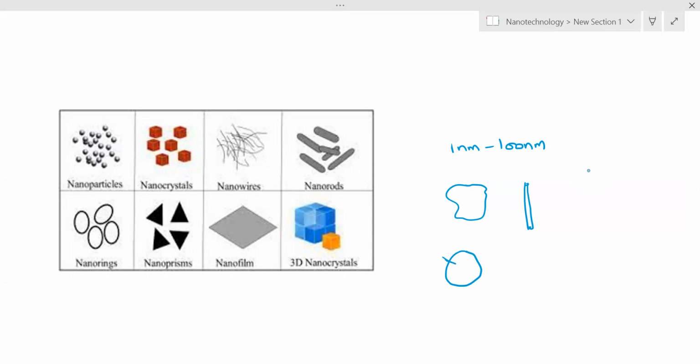And we have nanoprisms and nanofilms. So these nanoparticles are the nanomaterials we call zero-dimensional, whereas nanowires and nanorings fall under one-dimensional nanomaterials.